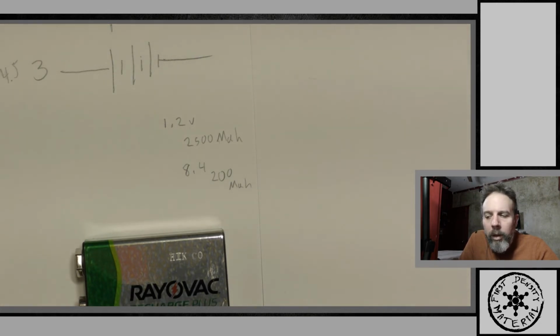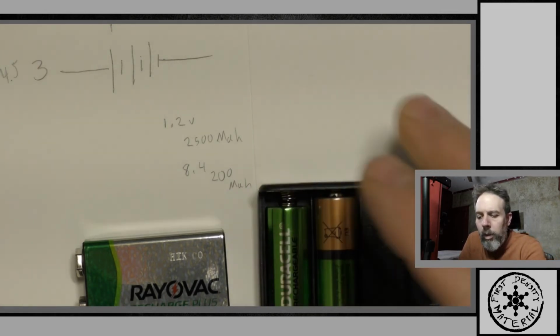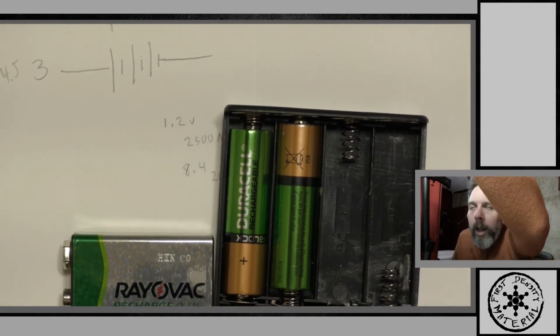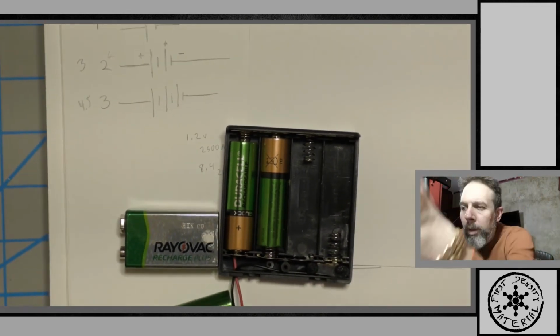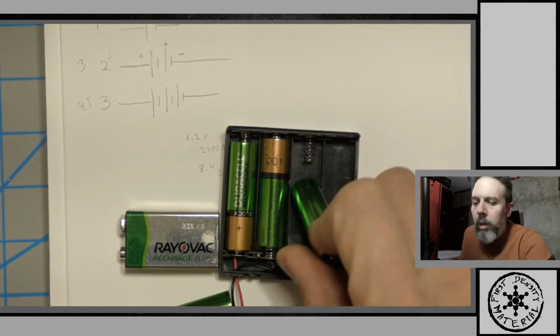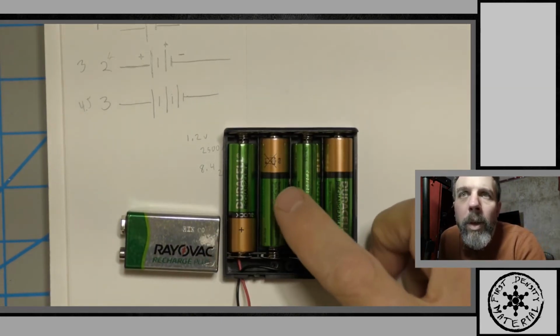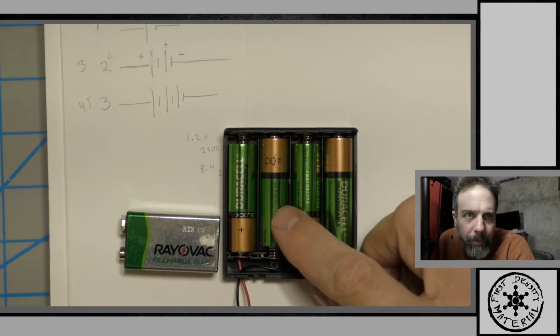Now, that doesn't mean it's going to stay that way, because when a battery drains, both drop. So let's say we have a pack of batteries like this with 4 batteries in it, and let's say one of these were about to die.